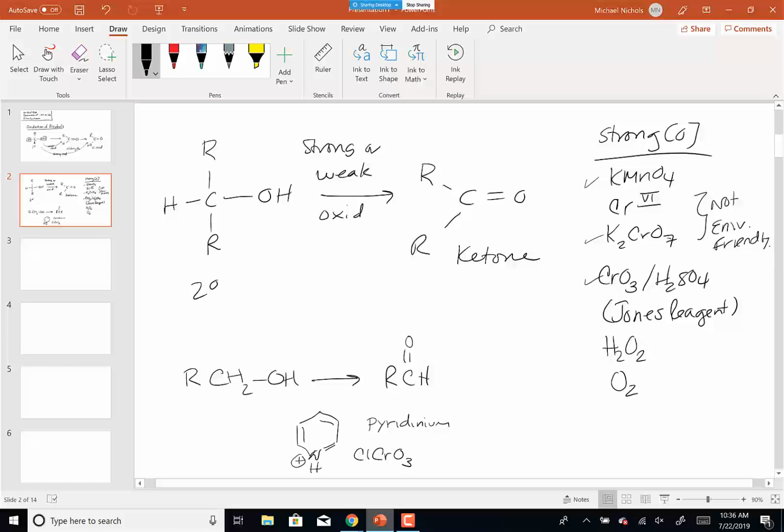So this is called pyridinium chlorochromate, which is abbreviated as PCC. There's also pyridinium dichromate, I believe, PDC. But they're all basically a poisoned chromium reagent. And so if you want to stop at the aldehyde, PCC is the reagent to use.